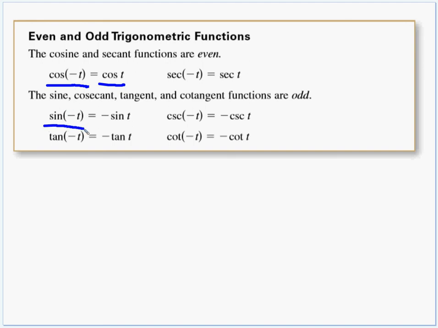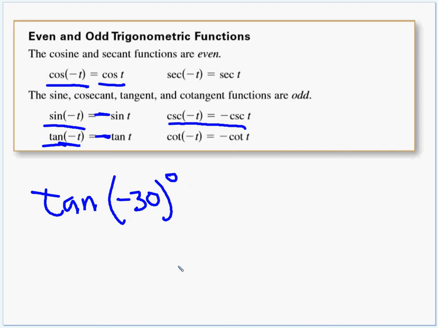The sine of negative t is the same as the negative sine of t. Also for its reciprocal, and tangent works the same way. Tangent of negative t is the same as negative of tan t. Like if you just went to your unit circle and looked at the tan of negative 30 degrees, that is the same as the negative of tan of 30.